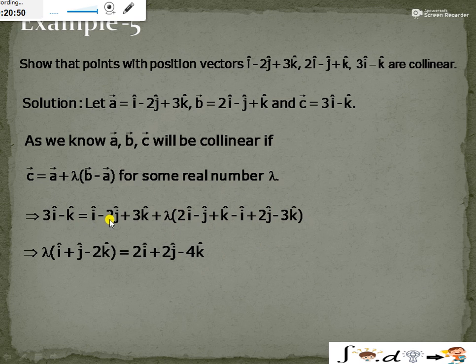ये जो term है I minus 2j plus 3k take on this side. 2i plus 2j minus 2k minus 4k, and that is equal to lambda times I plus j minus 2k.